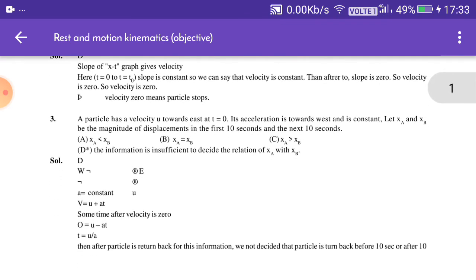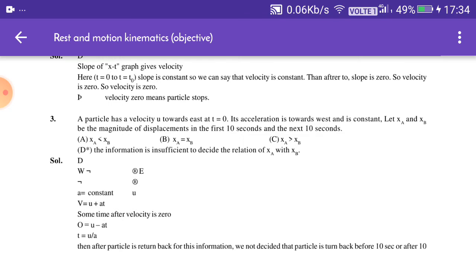Like that, a particle has a velocity u towards the east at time 0, and its acceleration is towards the west and constant. Let xa and xb be the magnitudes of displacement in the first 10 seconds and the next 10 seconds.